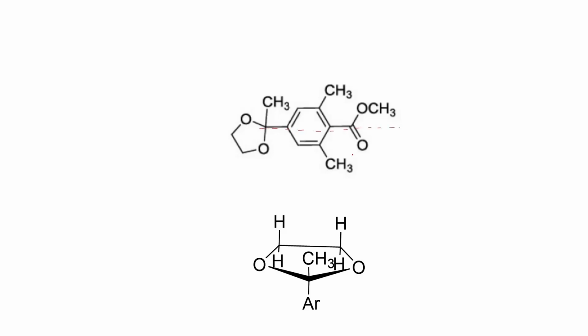Due to this sigma plane, these two CH2 groups become chemically equivalent, and this hydrogen also becomes chemically equivalent. So the first peak will be observed for this one. This is two, this is three, and this is four.